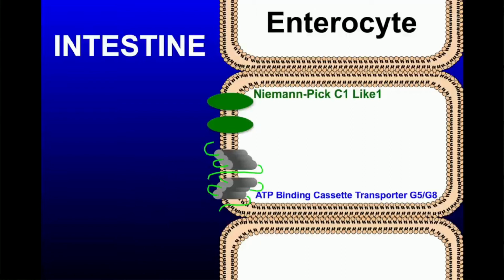So you can see the major regulator of cholesterol absorption is going to be a wonderful joint action of the Niemann-Pick C1 pulling it in and the ABC G5, G8 evicting it. If they're working in harmony, we will wind up with the proper amount of cholesterol that our body was hoping would be absorbed.